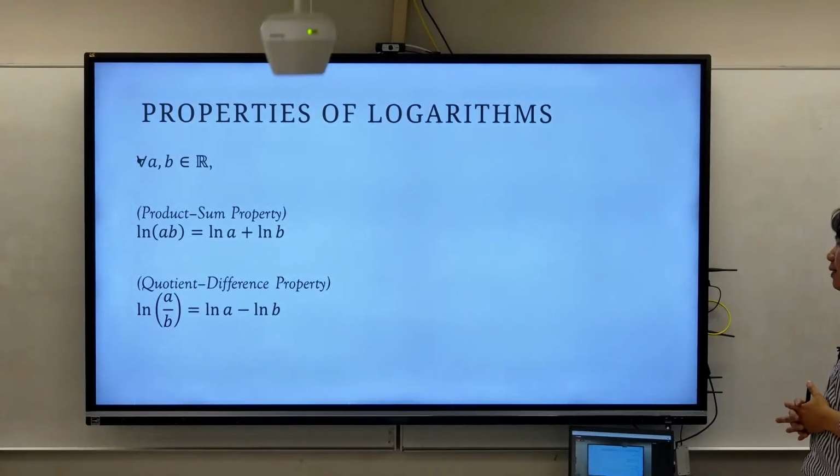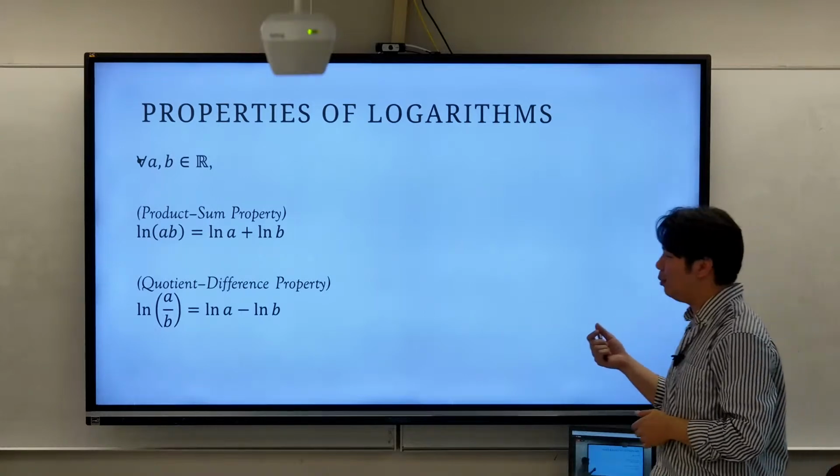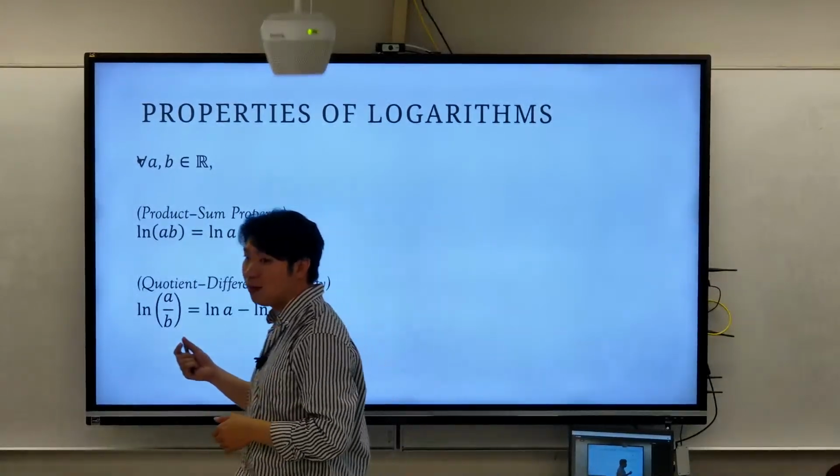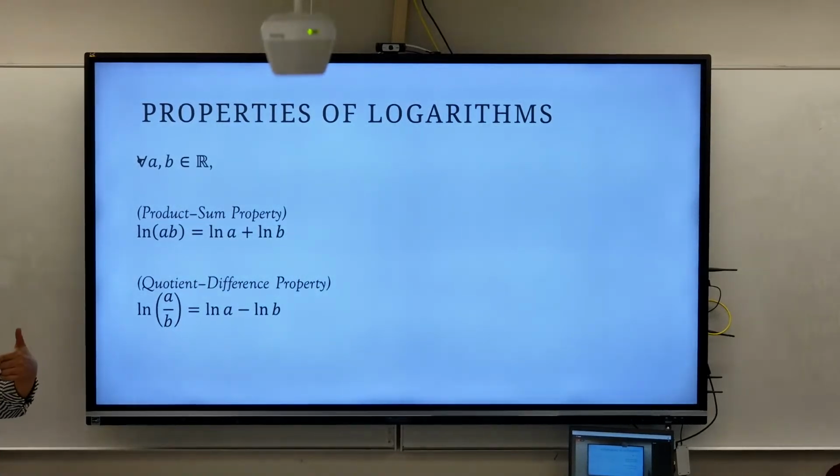This first one, I call it the product sum property. If I take the natural log of a product, then that is equal to the natural log of the first plus the natural log of the second. So a product inside becomes addition on the outside.